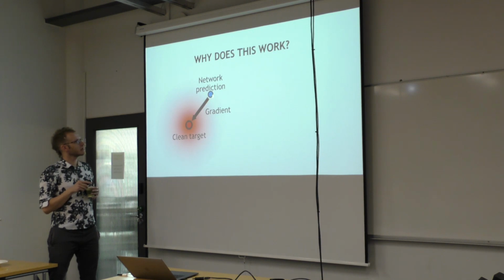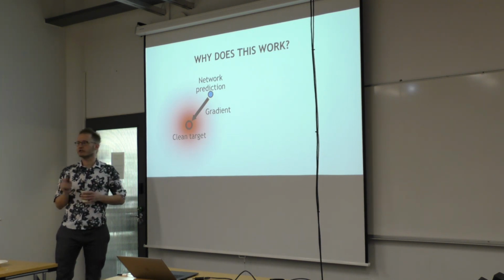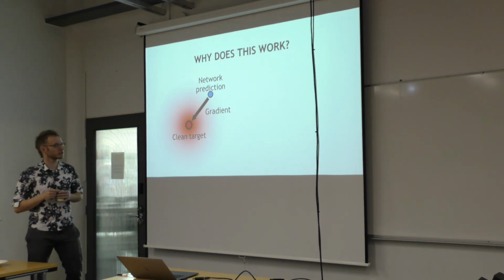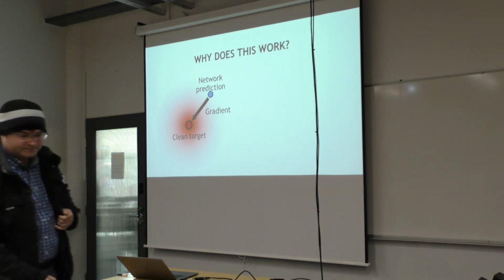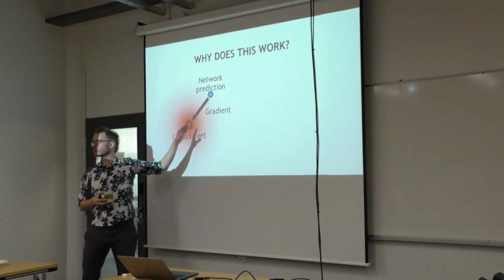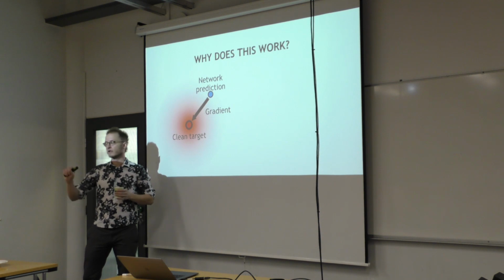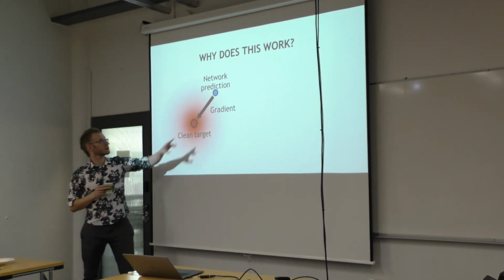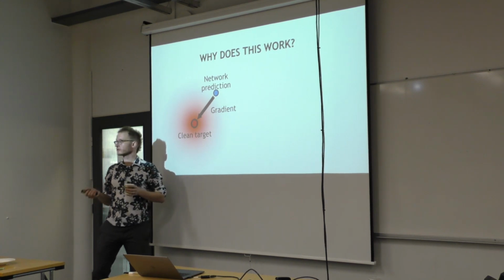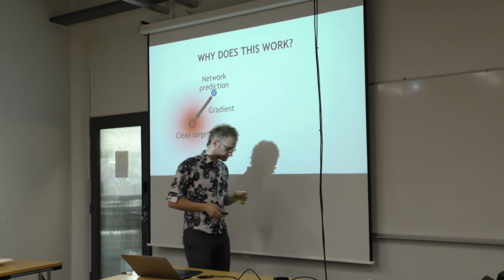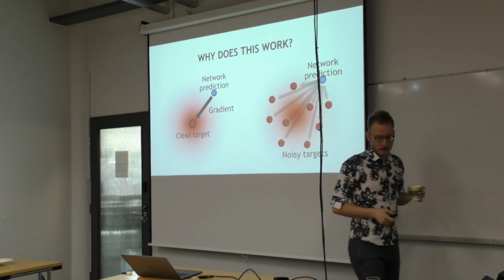We're saying, how would the network prediction have to change so that it became closer to the clean target? And this gives us a gradient with respect to the parameters of the model, saying that if I tweak these parameters in such and such way, my prediction is going to go closer to the target. This is again just pure simple supervised learning.